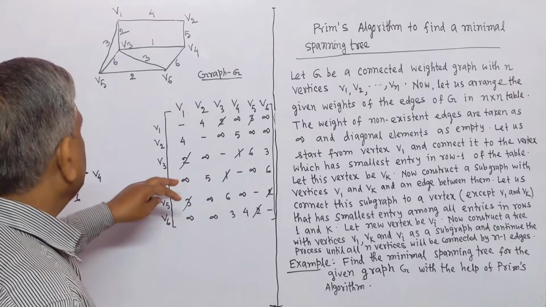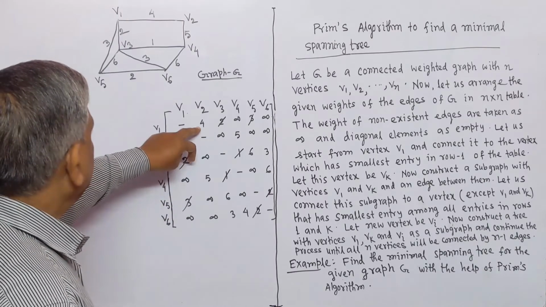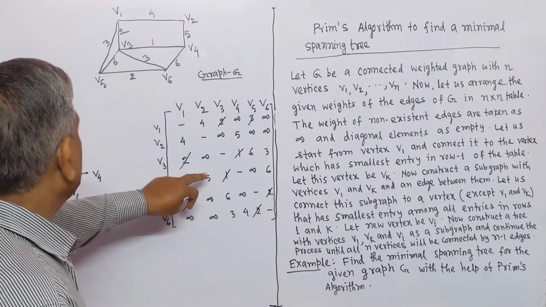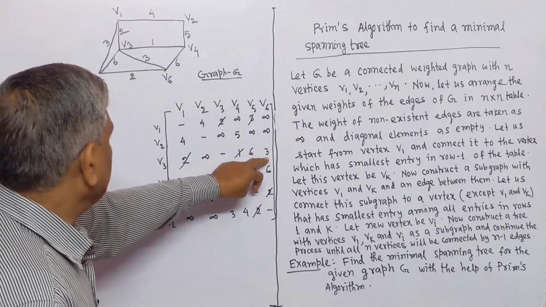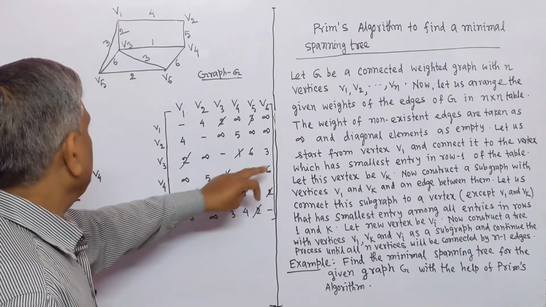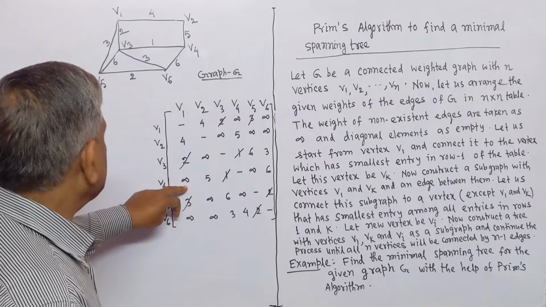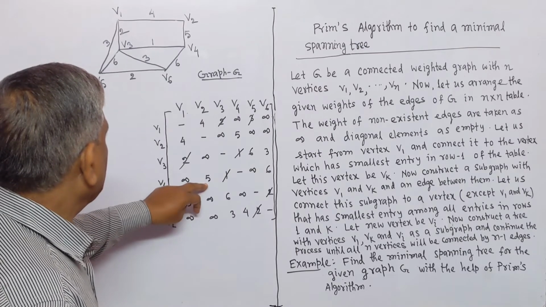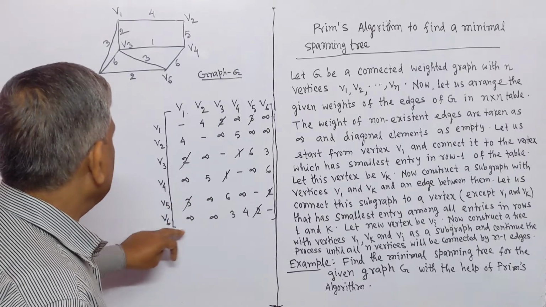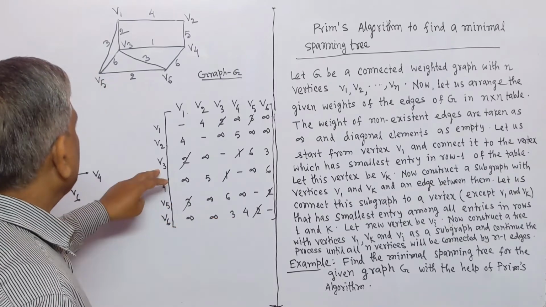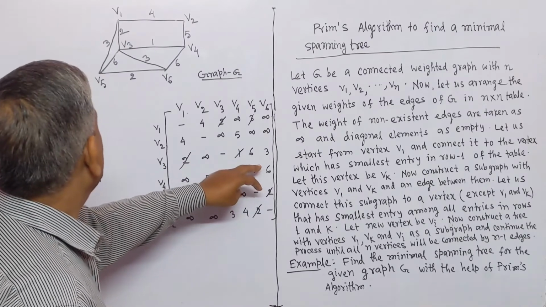Now we again take the smallest number: in the row V1 it is 4, in the row V3 it is 3. 3 is the smallest, and here 5 and 6, here 3, a tie. Here 3, this is V3, V6.